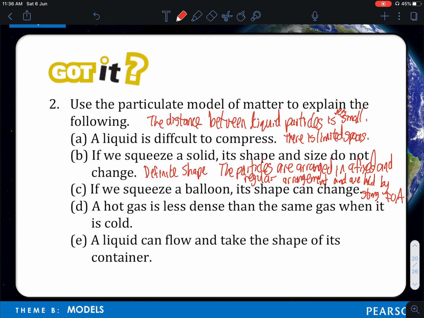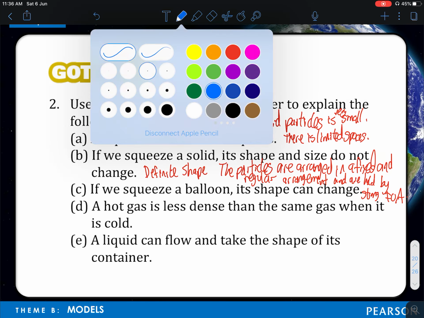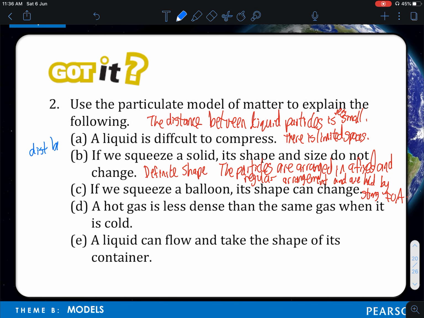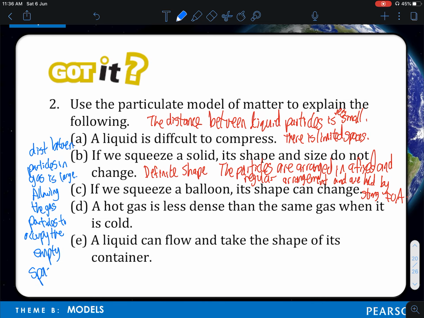And if we squeeze a balloon, its shape can change. It's again back to the distance issue. So you can reuse that the distance between particles in gas is large, allowing the gas particles to occupy the empty spaces, allowing it to be compressed.